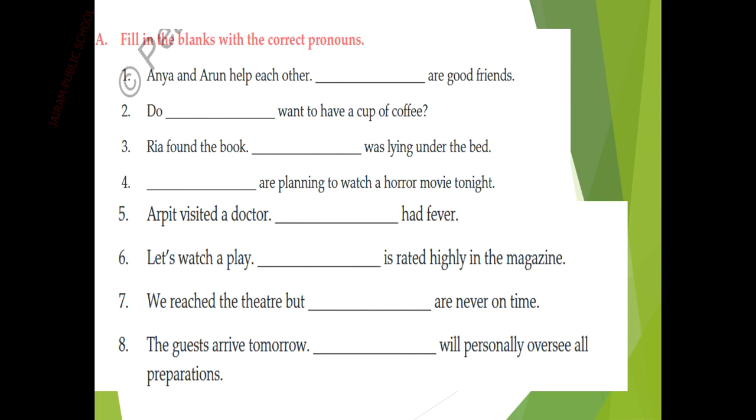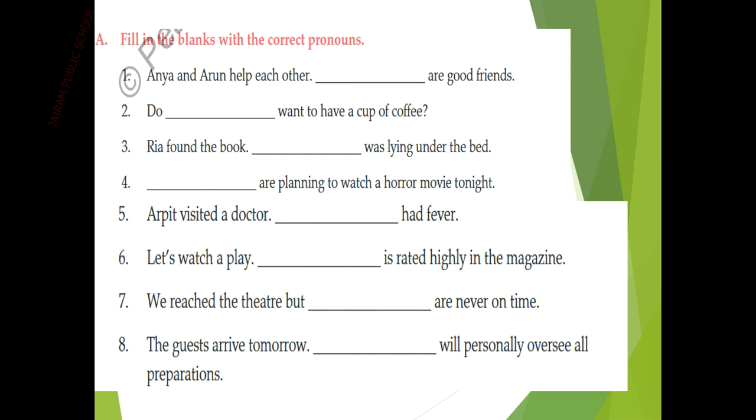Let us go to the exercise. Section A. Fill in the blanks with the correct pronouns. Number 1. Anya and Arun help each other. Dash are good friends. In the first sentence, Anya and Arun, both of them are called names of persons, which is called noun.